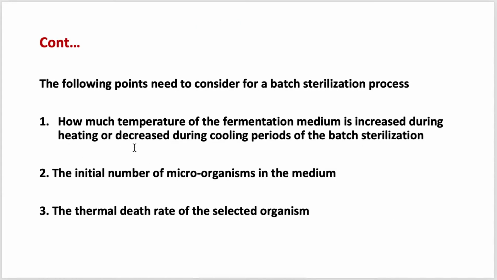Whenever we want to use the batch sterilization process, we have to consider some points: how much the temperature of the fermentation media is increased during heating or decreased during cooling periods, the initial number of microorganisms in the medium, and the thermal death rate of the selected organism. So we have to consider these three points when designing our batch sterilization process.